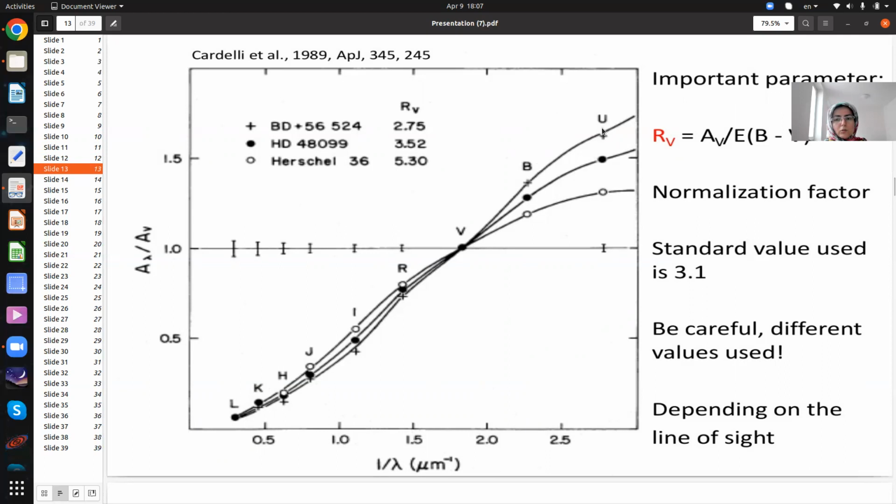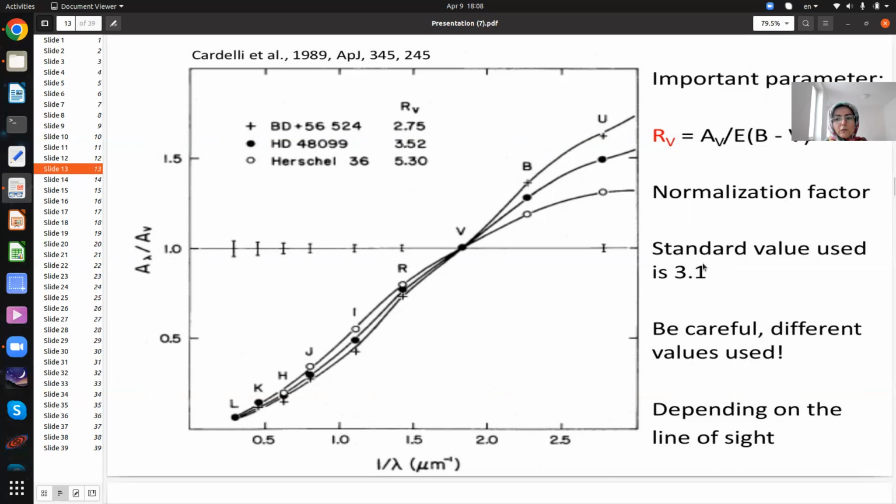For example, in ultraviolet, they are larger in wavelength, and in infrared, they are smaller in wavelength. And we can say that reddening or extinction or absorption depends on mass and wavelength. And R_V is the normalization factor, which is 3.1.